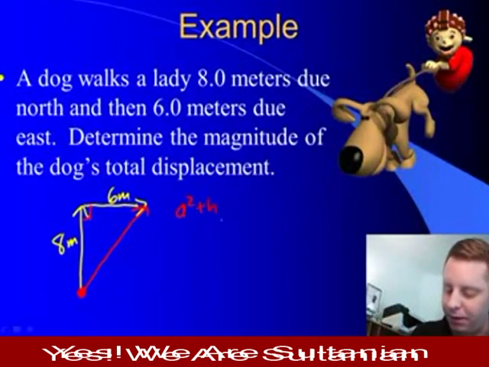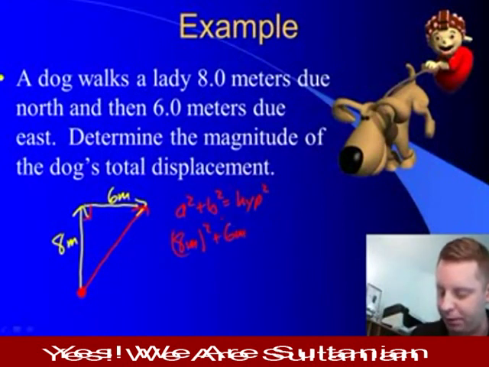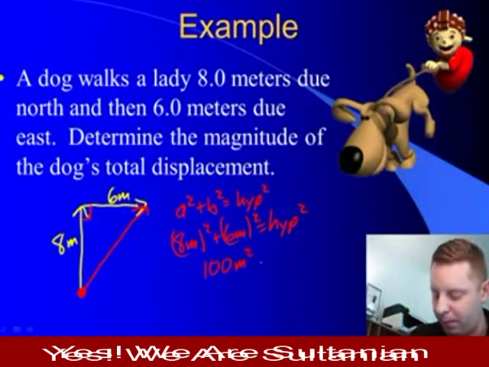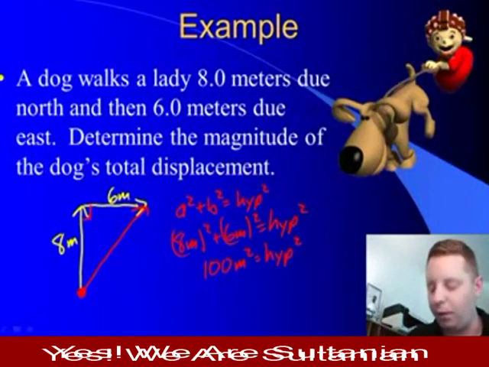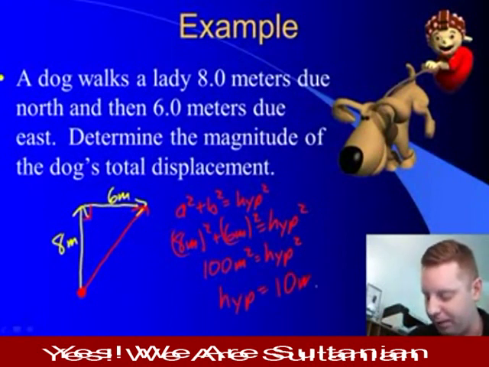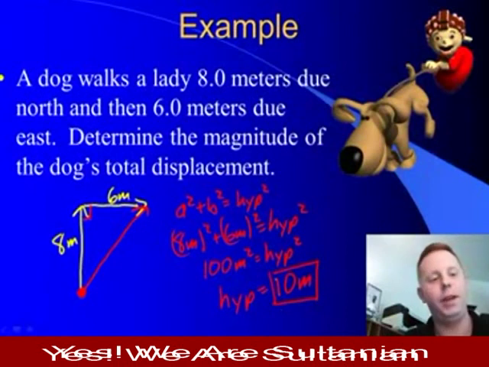A squared plus b squared equals our hypotenuse squared, or 8 meters squared plus 6 meters squared equals our hypotenuse squared, or 100 square meters equals our hypotenuse squared. Take the square root of both sides, and we find out our hypotenuse, or total displacement, must be 10 meters.